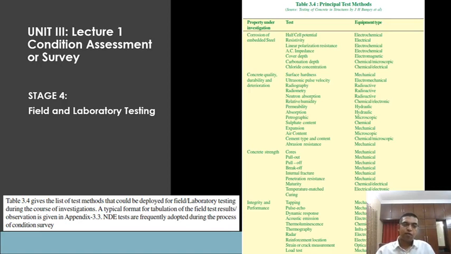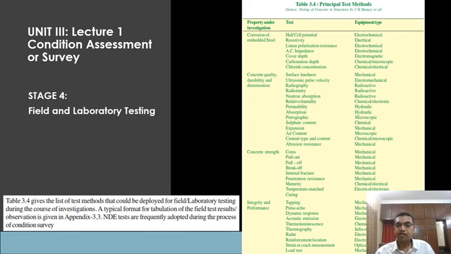And then what are the field and laboratory tests to be done? There are so many tests based on the visual inspection. We have to plan that these are the tests to be carried out from the visual inspection report that comes out. So these are the tests that can be carried out. Tests on corrosion of embedded steel. Then concrete quality, durability and deterioration.